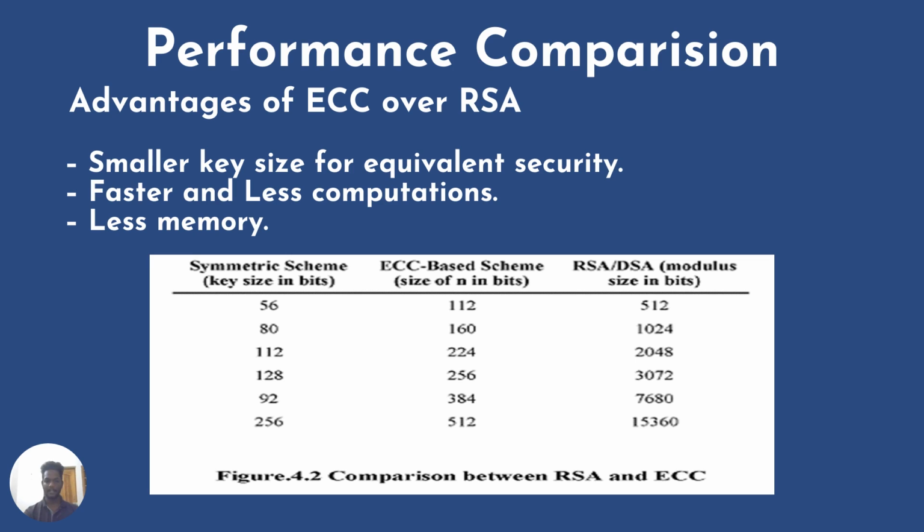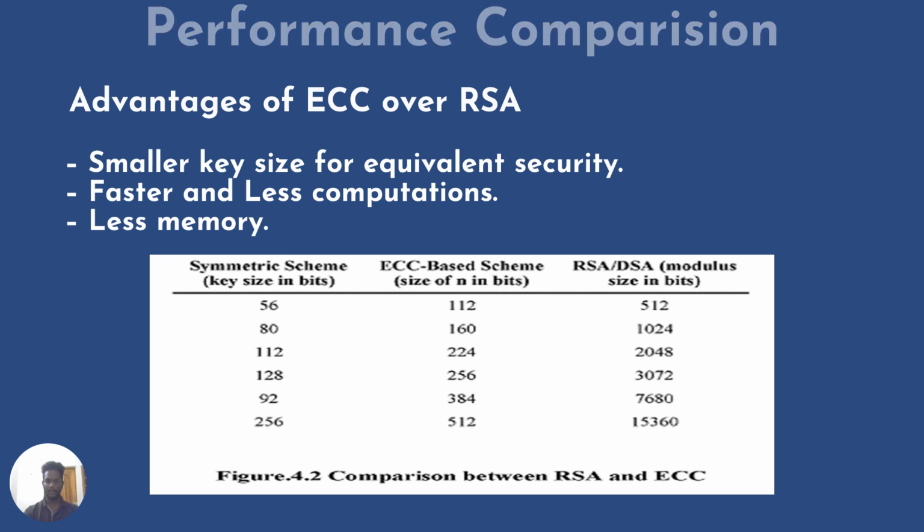But RSA and DSA use a bigger number, 7680. So here we can see that ECC is better than RSA because ECC uses small keys and fewer bits compared to RSA and DSA, which require more space and more time for computing the data.